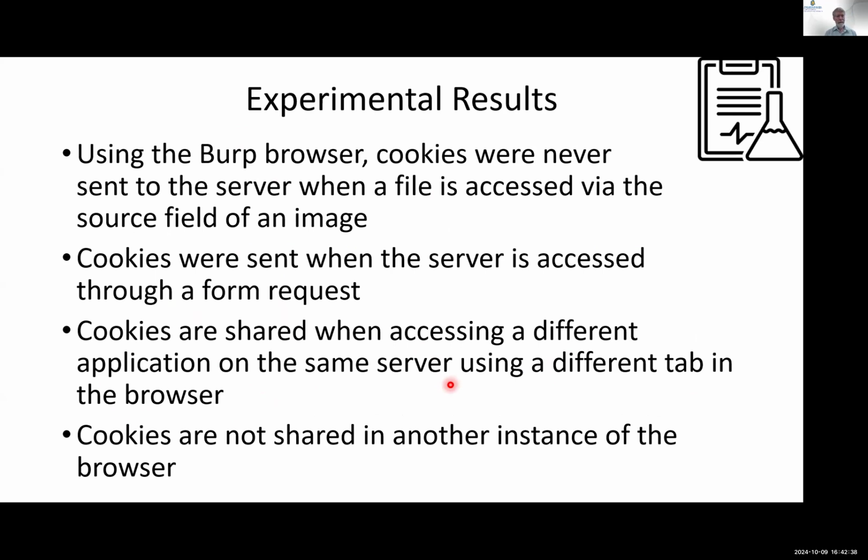If you have different applications, in other words, if you have the browser open with two tabs, you can share cookies between them. Now, if you have two instances of the browser, say Chrome or Safari or whatever you're using open, and you have another instance of the browser open, so you have two windows, they're separate.